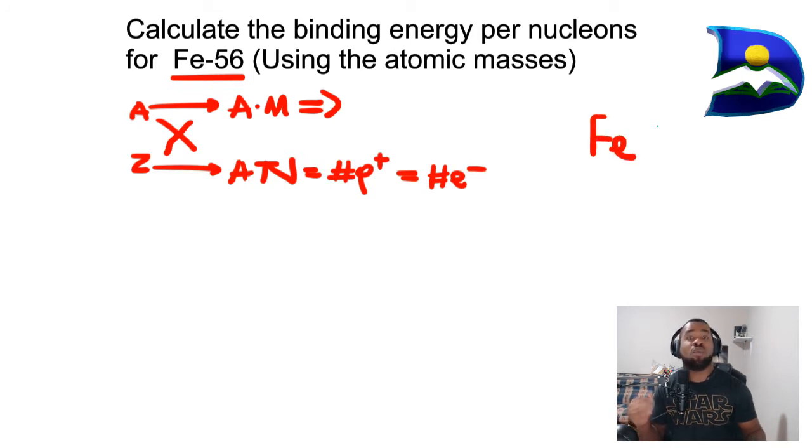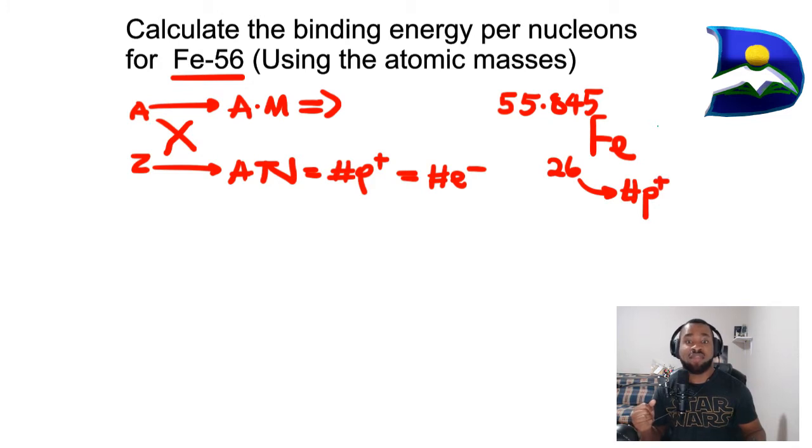The atomic mass of iron here is around 55.845, while the atomic number in this case is 26. So what does that mean? It means that 26 is the total number of protons, and the total number of electrons as well.